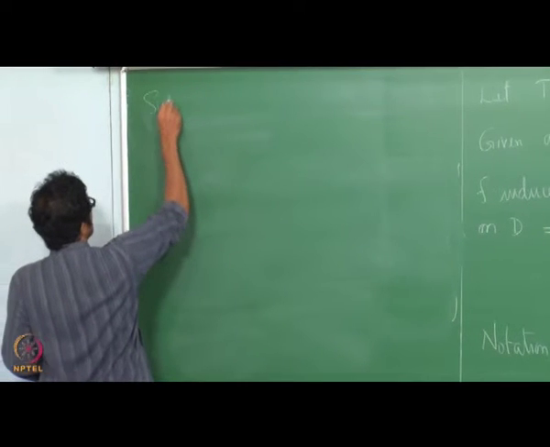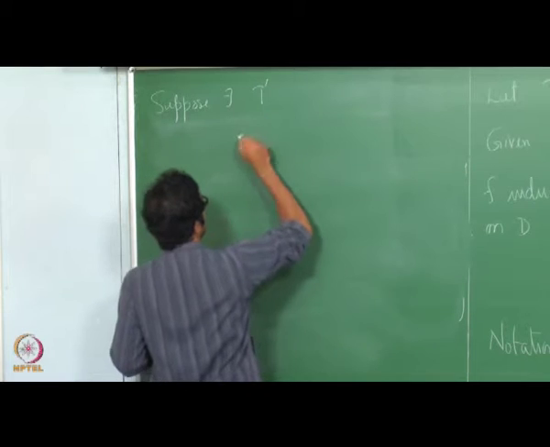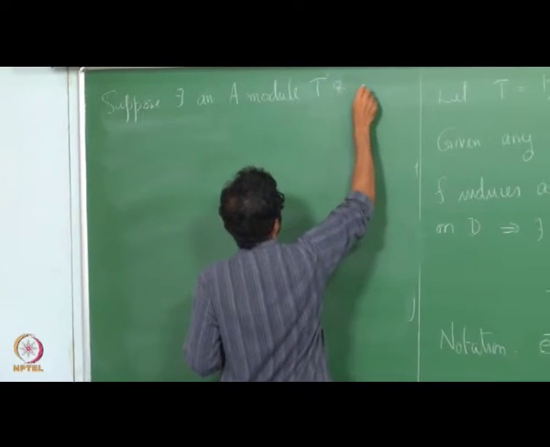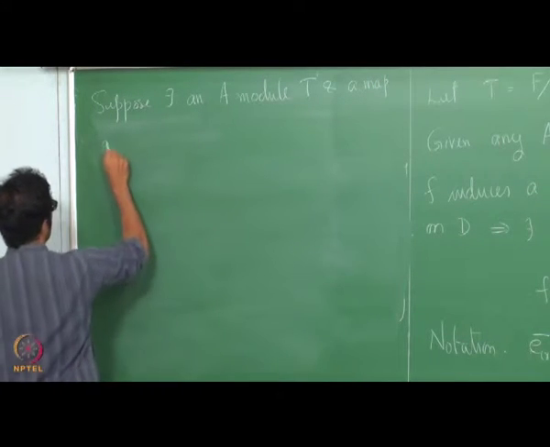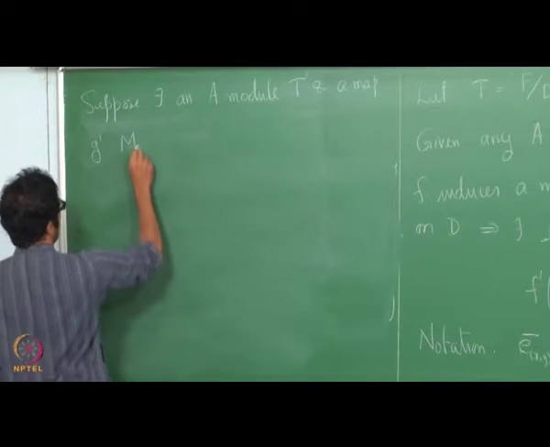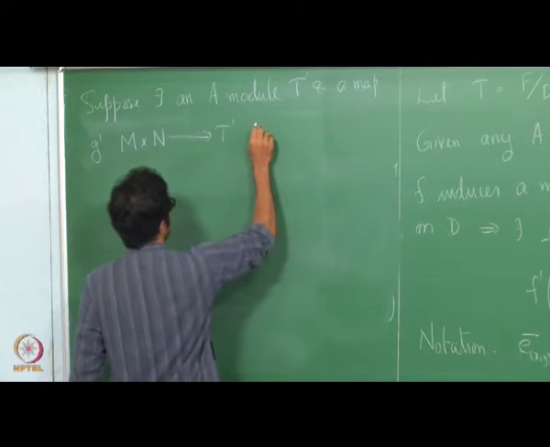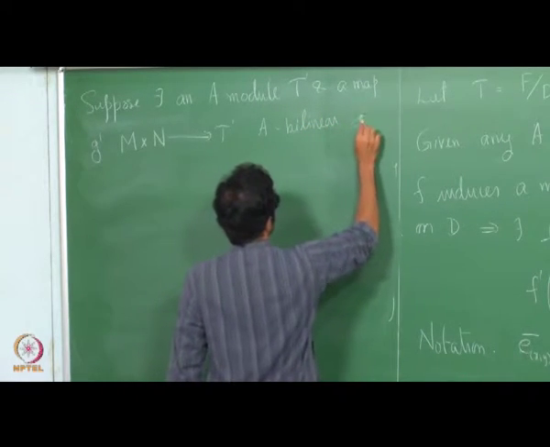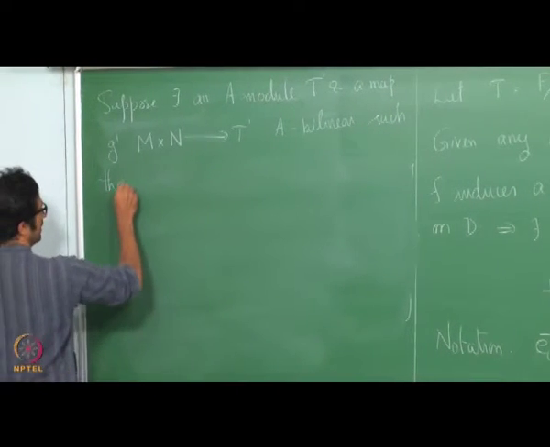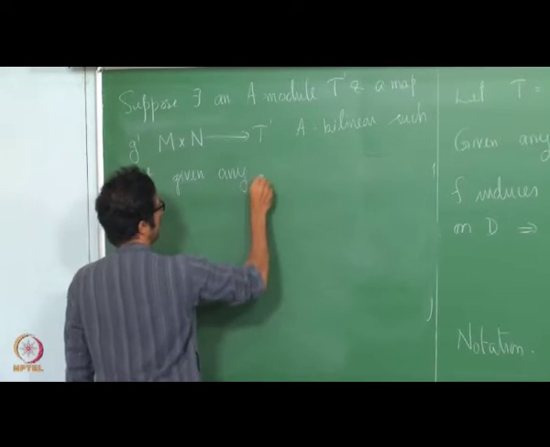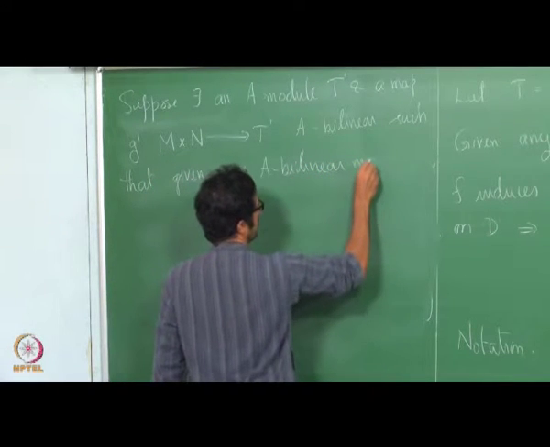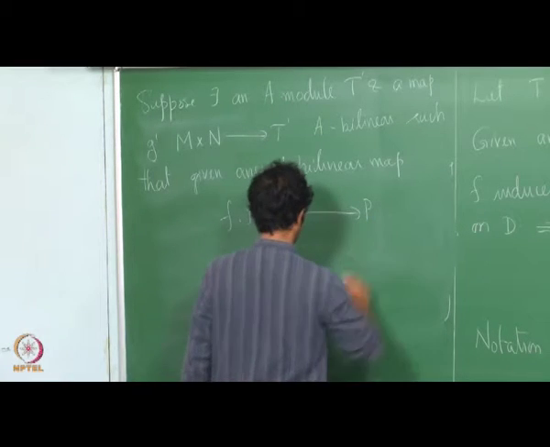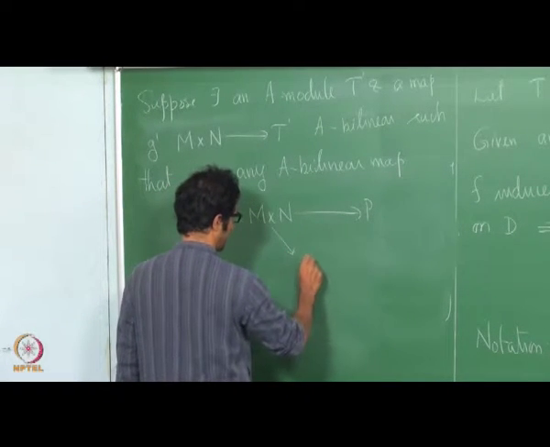So suppose there exists an A module T prime and a map G prime from M cross N to T prime, a bilinear map, such that given any bilinear map F from M cross N to P, I have this T prime, G prime.